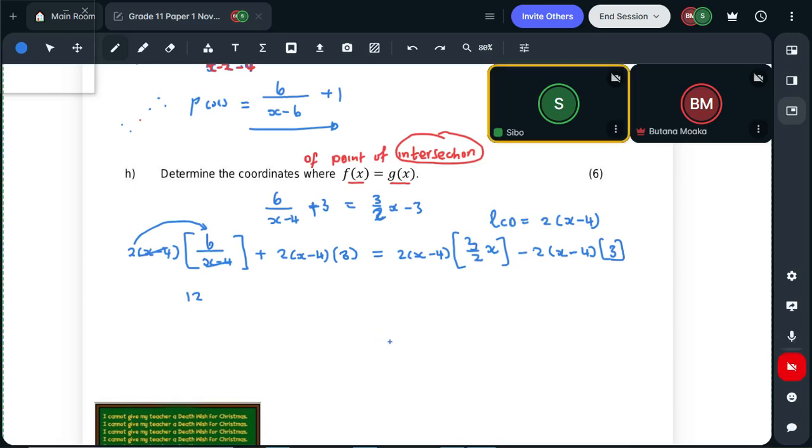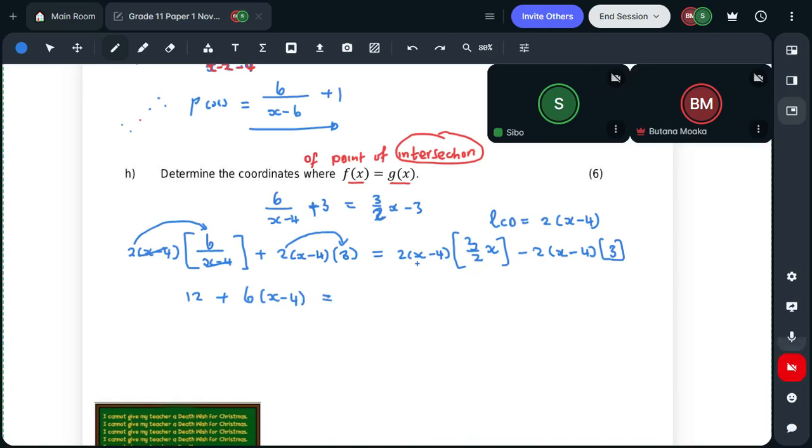Yes, please. Okay. So the x minus 4 cancels. 2 times 6, that's 12. And then the 2 times 3, that's 6. So this will be plus 6, which needs to be multiplied by x minus 4.